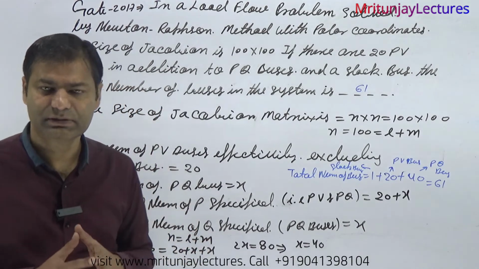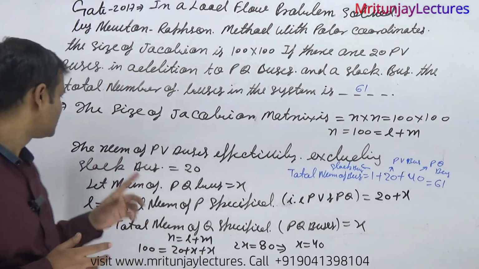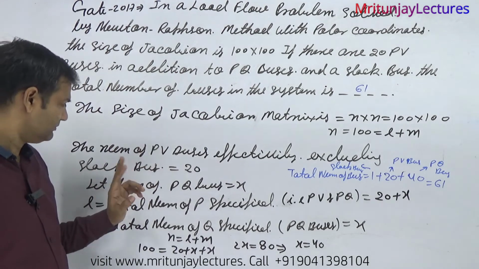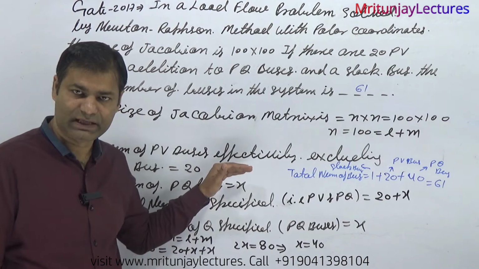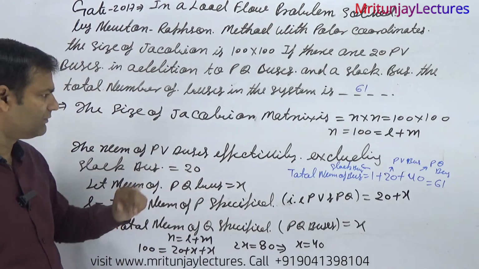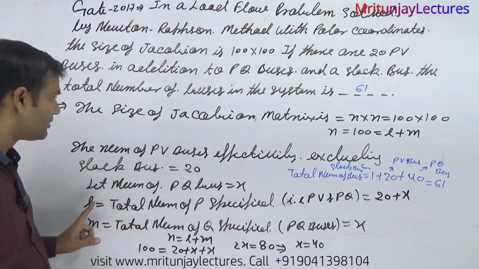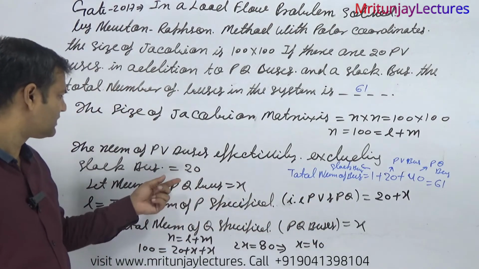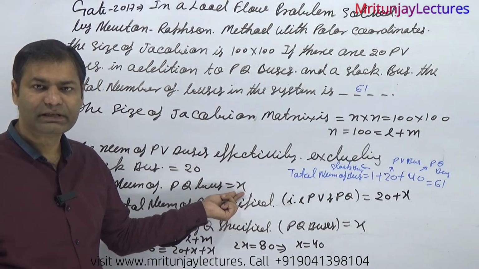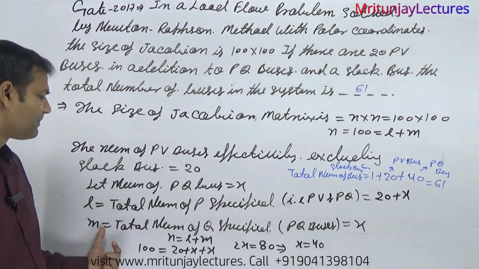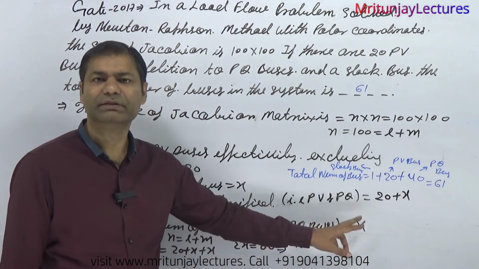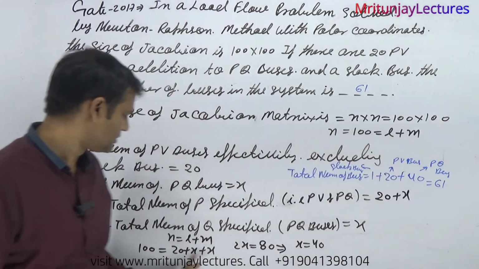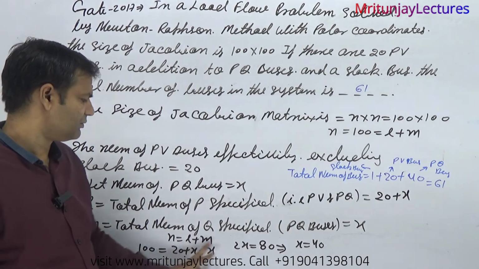The number of PV buses, excluding the slack bus, is 20. Considering the PQ buses as X, L is 20 plus X, and M is X. Putting these values in, 100 equals 20 plus X plus X, so X is equal to 40.